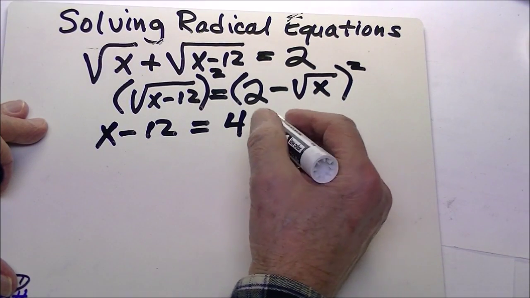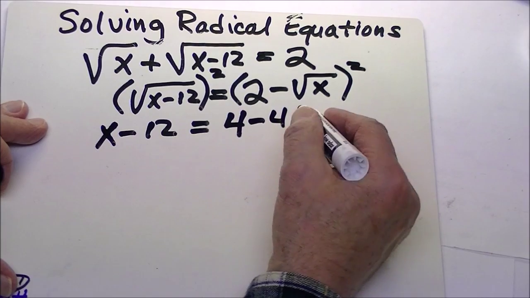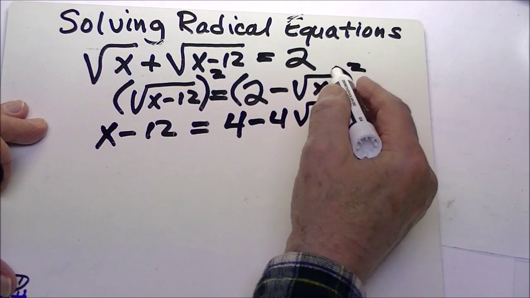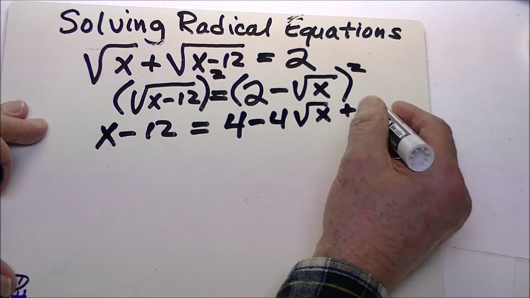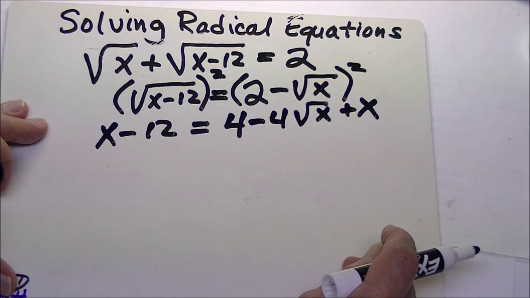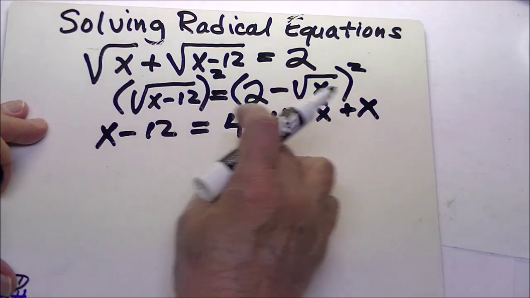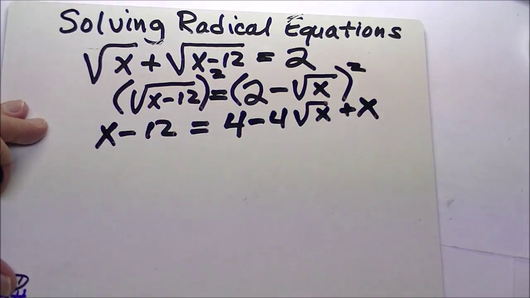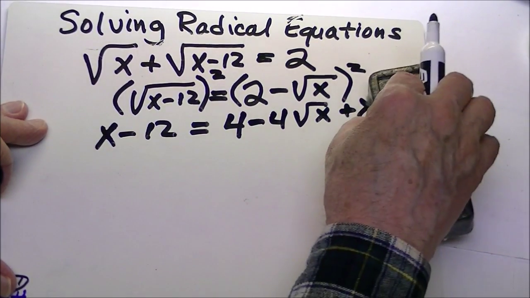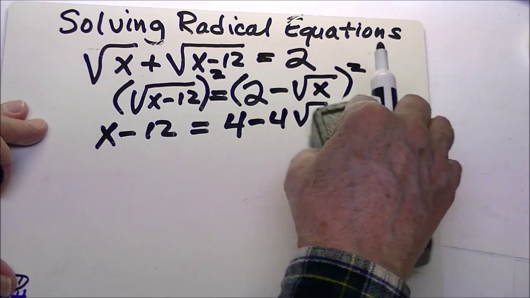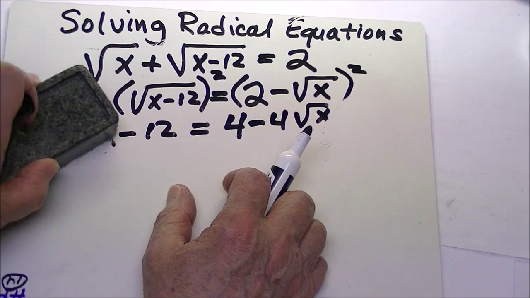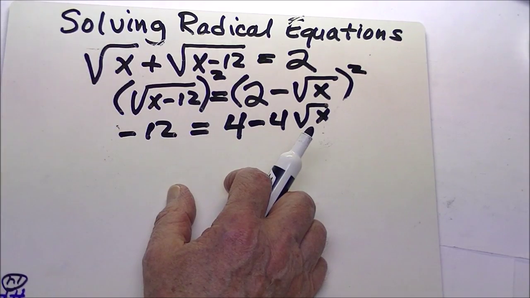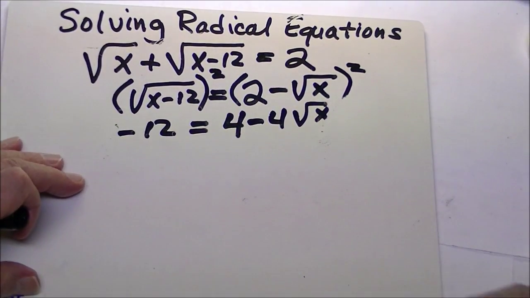Multiply these two together and double it. And square this term, it just becomes a positive x. Now we see we have an x there and an x there, so we can eliminate those by subtracting an x from both sides. Just makes our work a little easier.